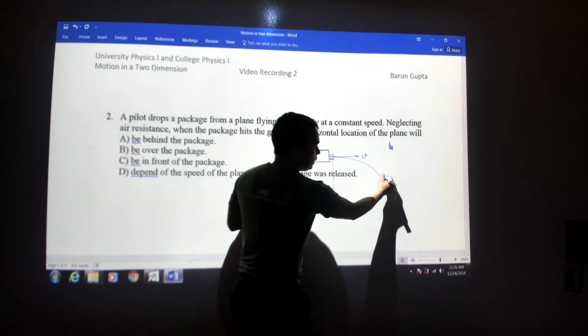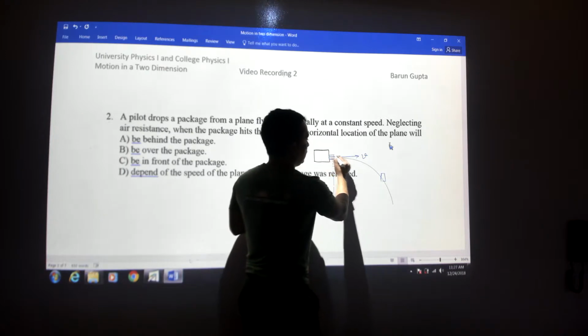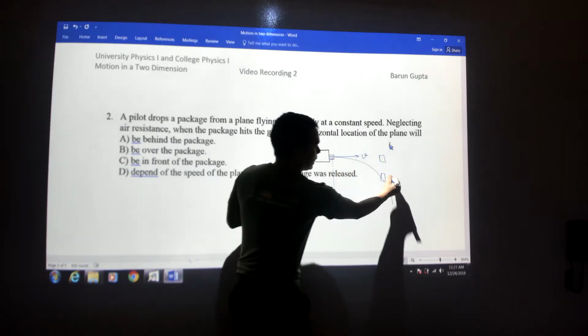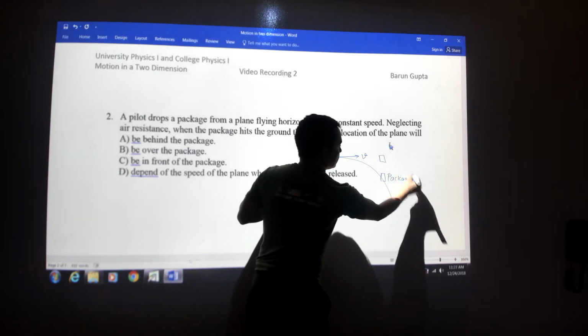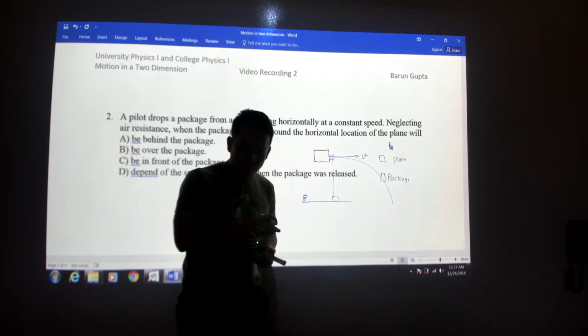And if you take any location, because this one has the horizontal velocity, the plane will always be on the top. So this is the package, and this is the plane. So the plane will always be on the top of the package.